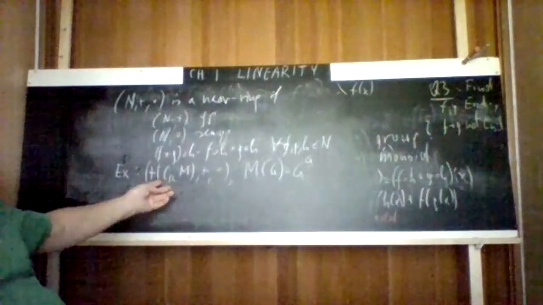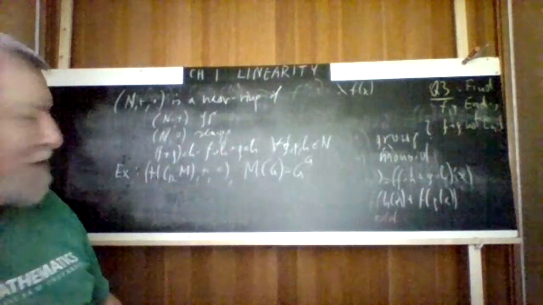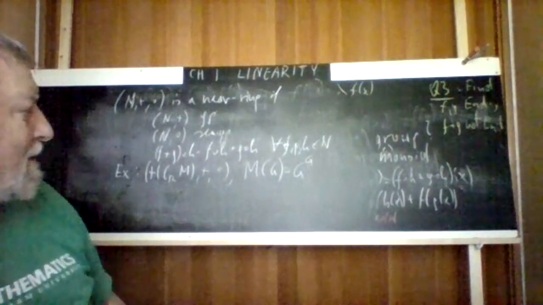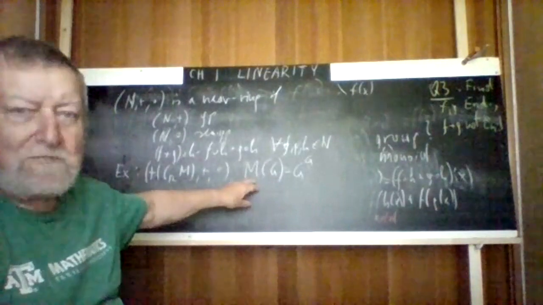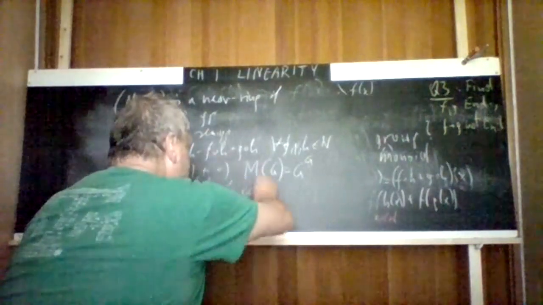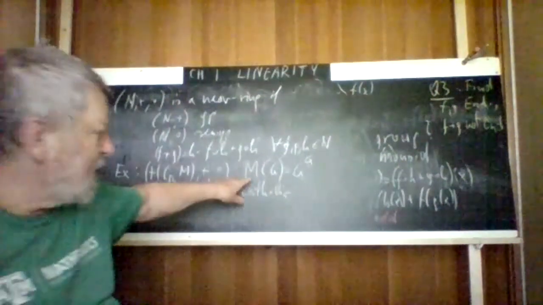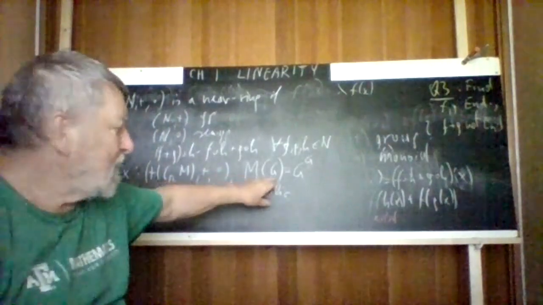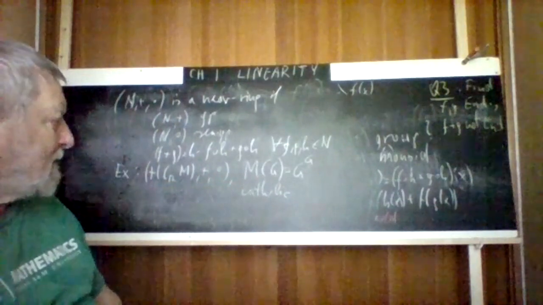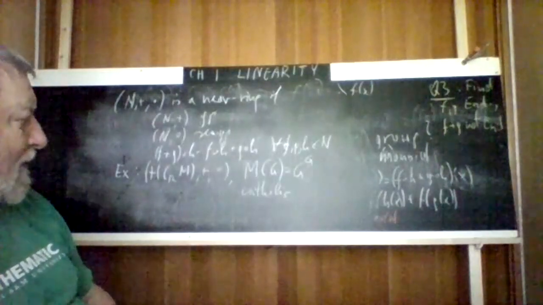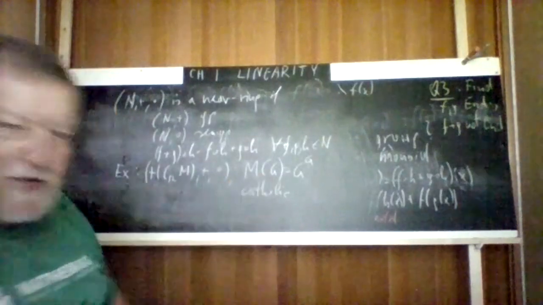And here we have the homogeneous maps, so we see that they are what's called a subnearring of M of G. And it turns out that M of G is not only a certain class of near-rings, it's also a Catholic class, in the sense that every near-ring can be embedded into such a near-ring of this type, which means that for every near-ring N, you can find a group G such that N can be embedded into M of G. Embedded means you have a monomorphism from this near-ring into M of G.